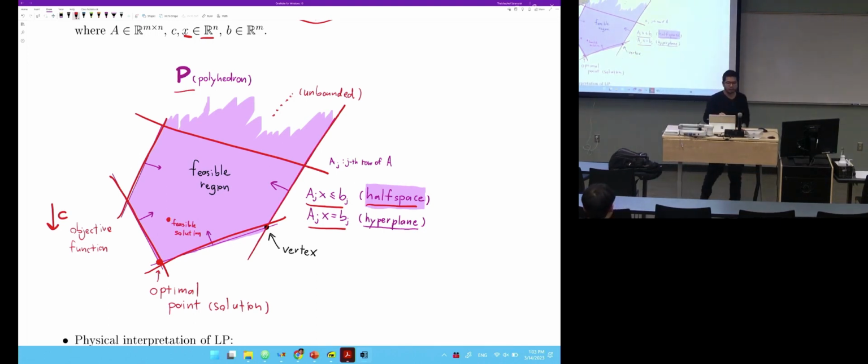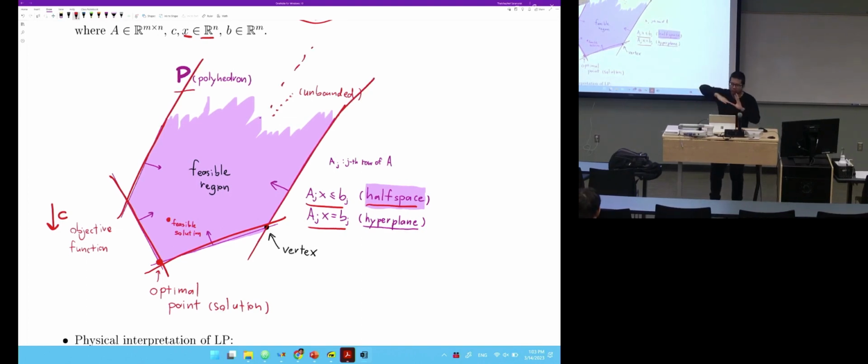If I don't have this, then it's unbounded, and the volume of this area is infinite. Given a bunch of constraints, you basically get a feasible region, which is the polyhedron.